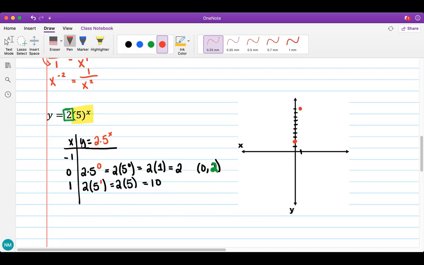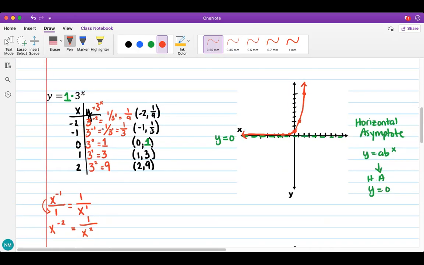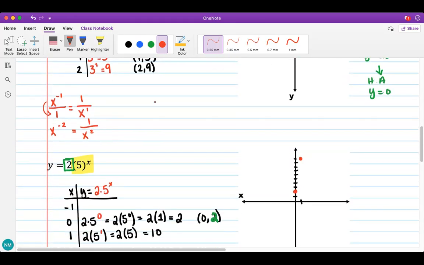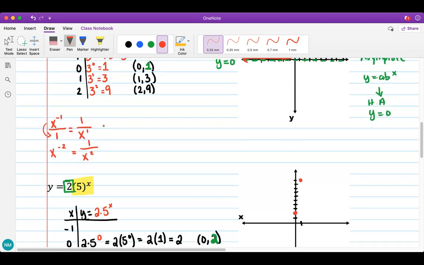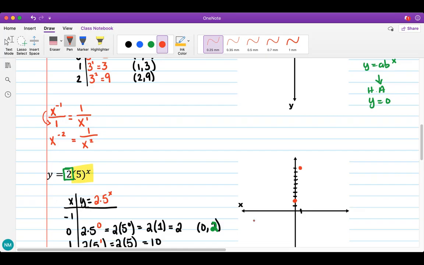See how it's growing faster? It's growing faster for 2 reasons. One is that the 5 is bigger than the 3 here, so it's growing at a quicker rate. Also, it's being multiplied by 2 instead of being multiplied by 1.